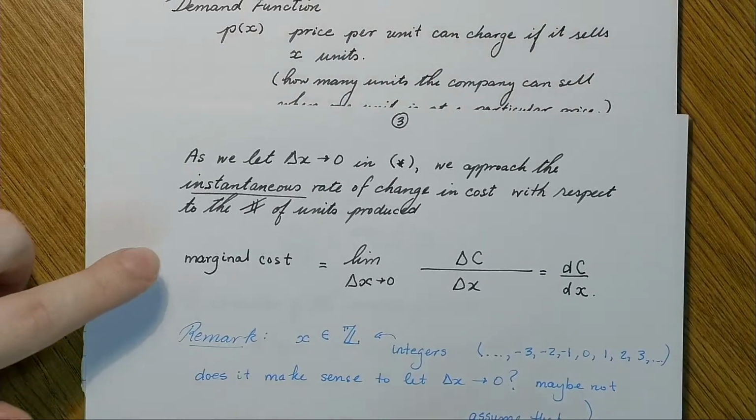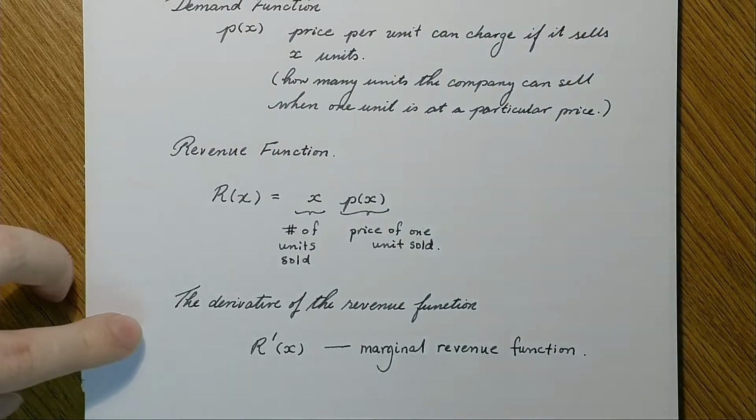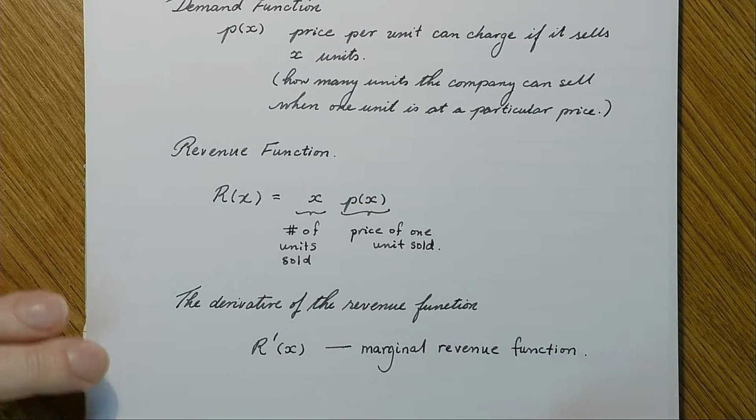So when we took the derivative of the cost, it became the marginal cost. We take the derivative of the revenue function, becomes the marginal revenue function.